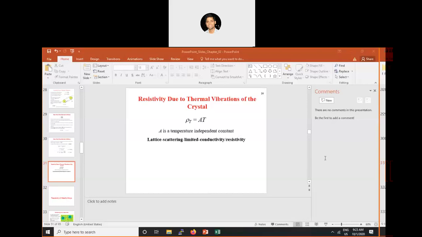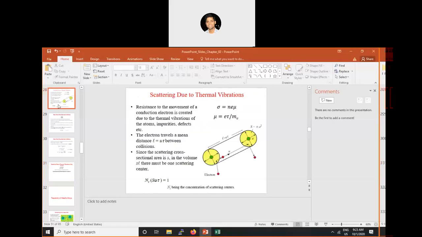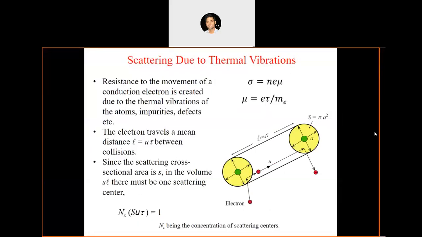Then somebody is asking, why did we equate n times S U tau to 1? Let me explain that once more. How we came up with this equation was that our scattering time is tau.